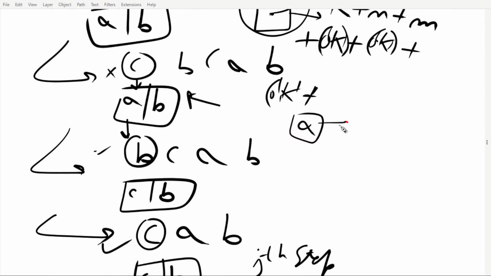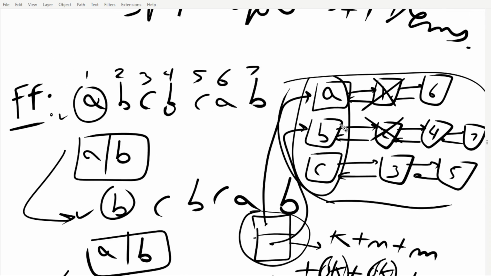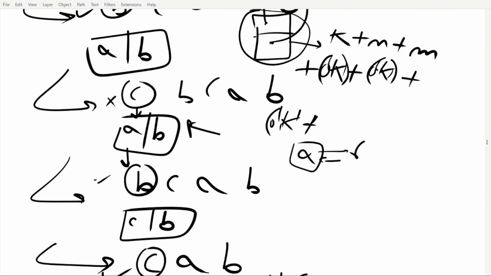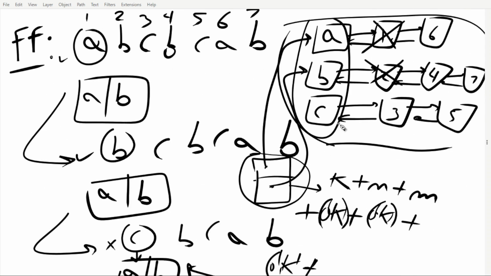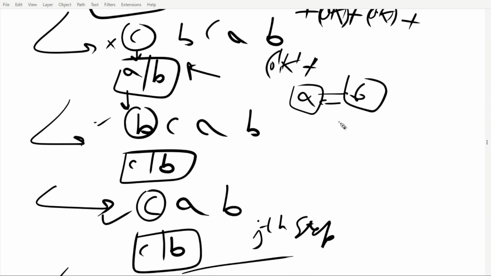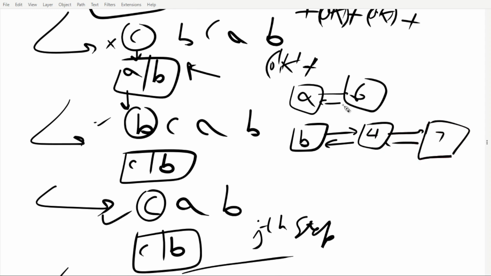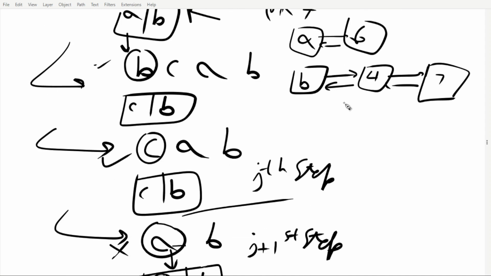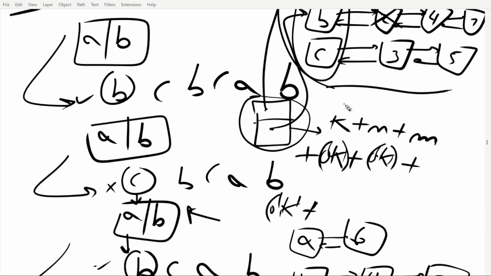A, in future 6 will come, 6, and then B with 4 and 7, and C. So C we will update this.